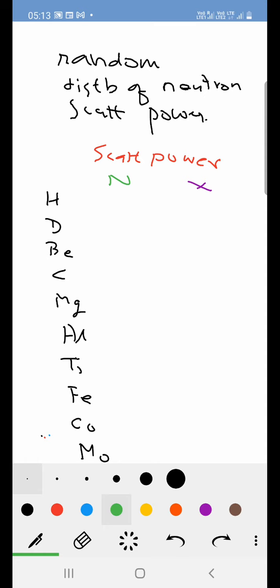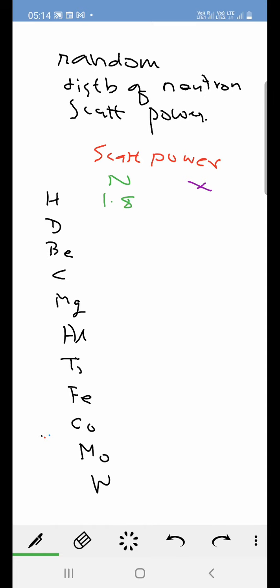For neutrons they are 1.8 for hydrogen, for deuterium it is 5.4, for beryllium it is 7.7, for carbon it is again 5.4, for magnesium it is 3.6, for aluminum it is 1.5, for titanium it is 1.8, for iron it is 11.4.